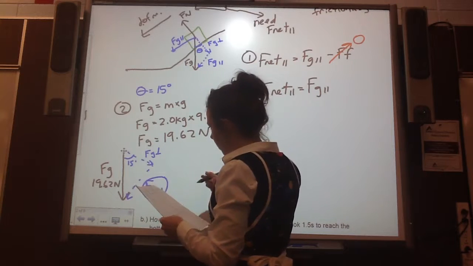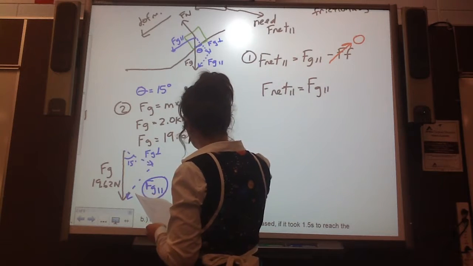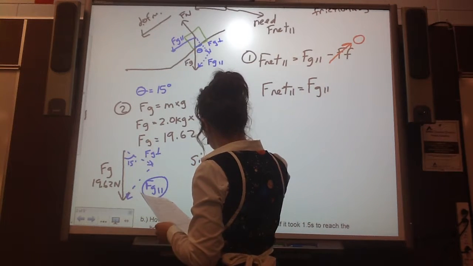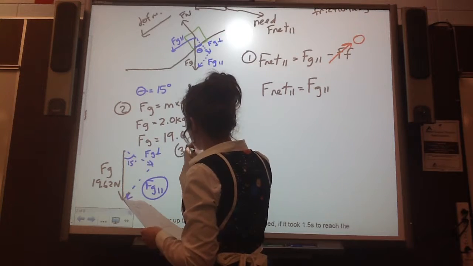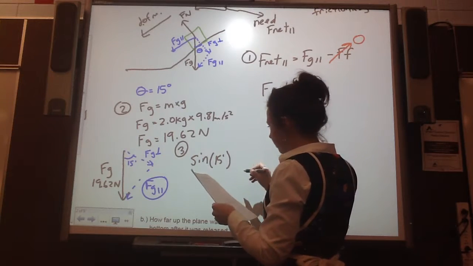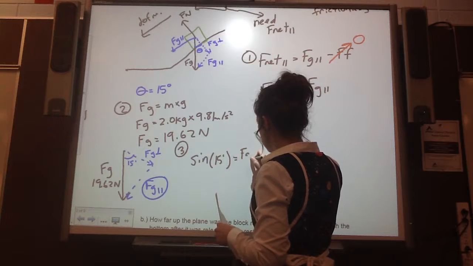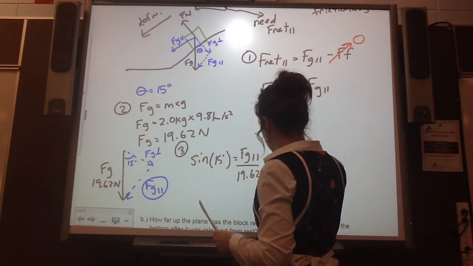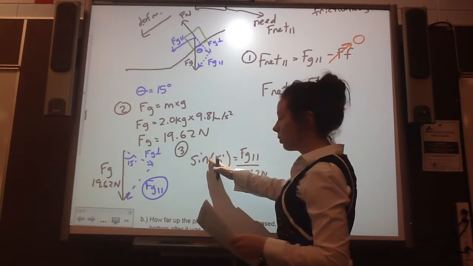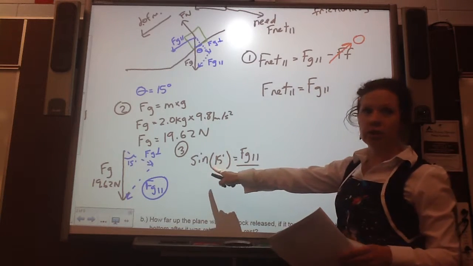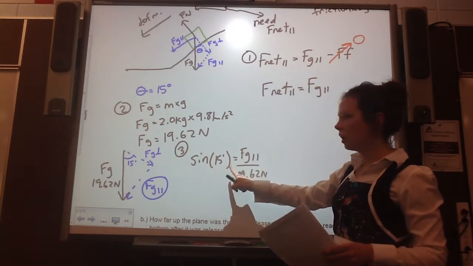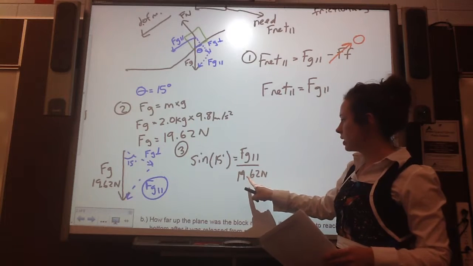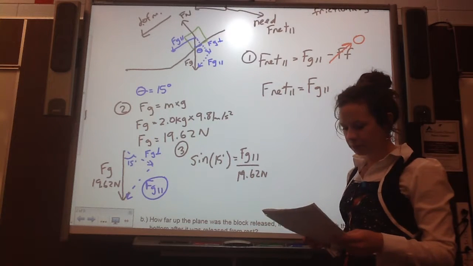So to solve for Fg parallel, I can go sine of 15 degrees. Oh, and this is step 3. Sine of 15 degrees is equal to Fg parallel over 19.62 newtons. You cross multiply, and so into your calculator you go: sine 15 multiplied by 19.62.